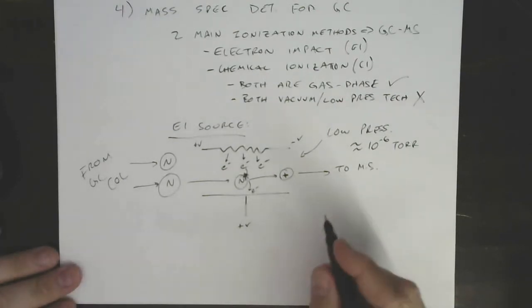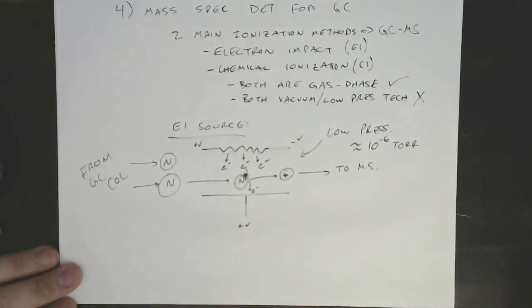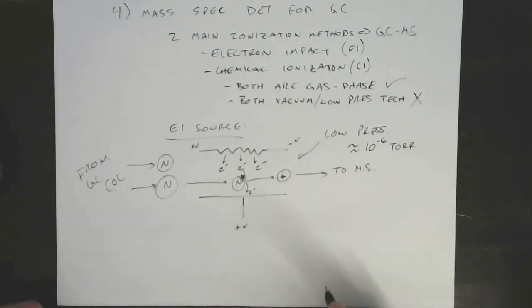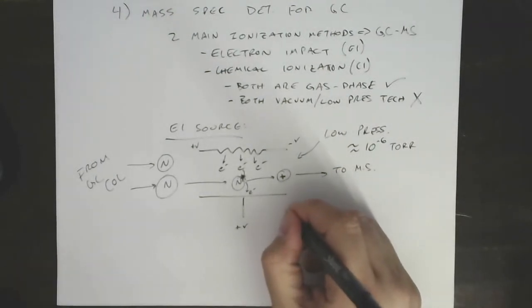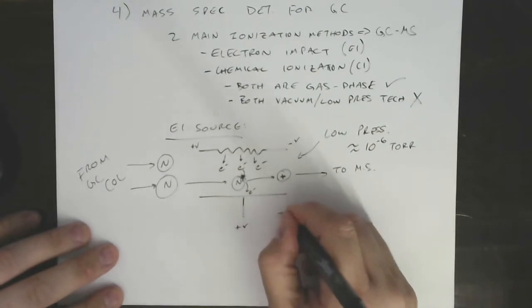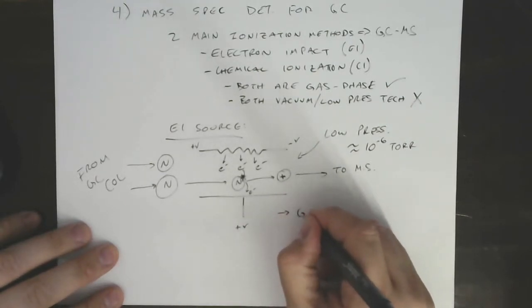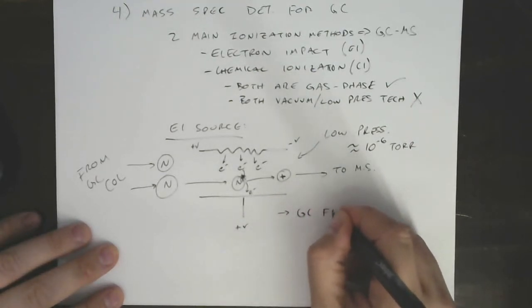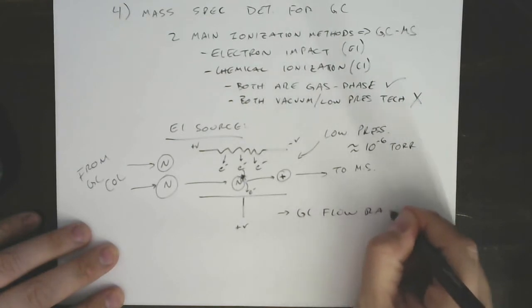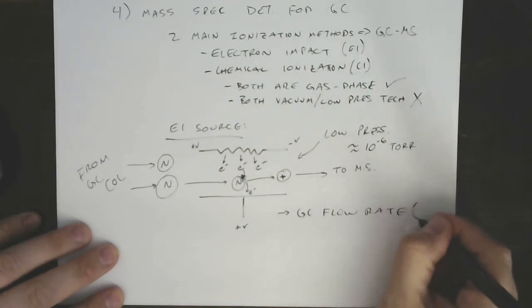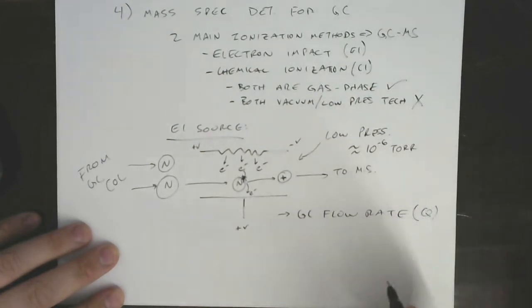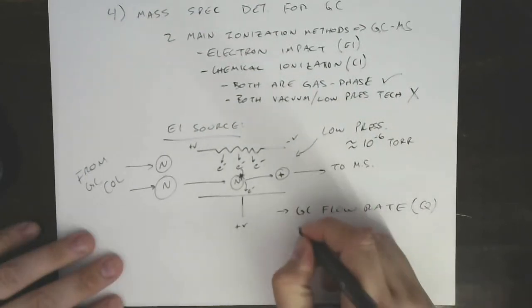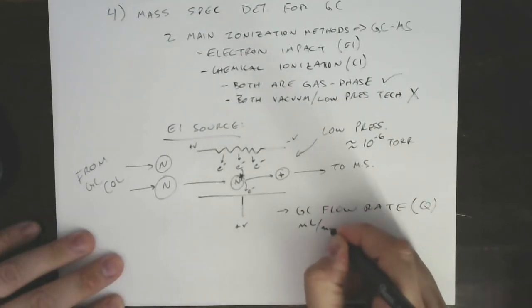So the challenge here, the thing that we're going to address through instrumentation, is that a GC flow rate, that would be a volumetric flow rate, Q, is going to be on the order of mils per minute, right, or more.